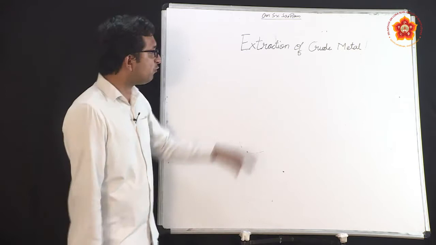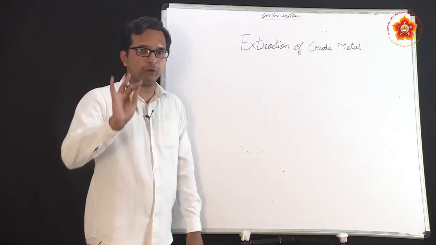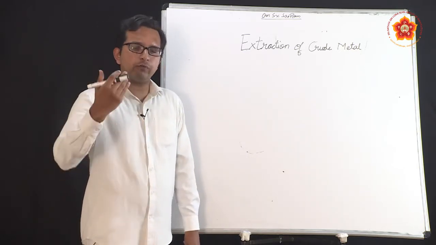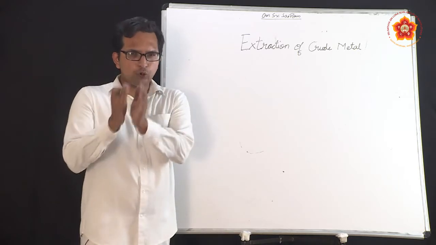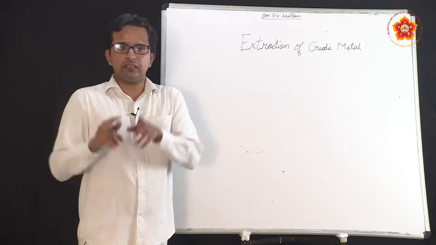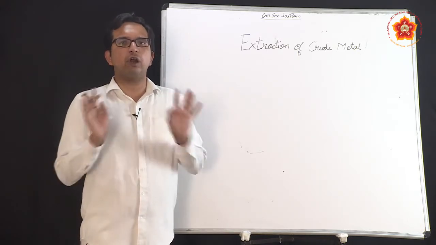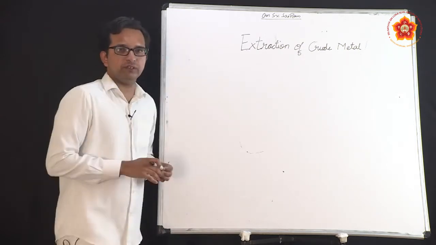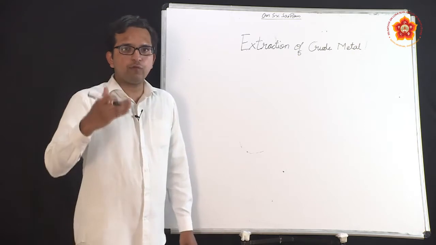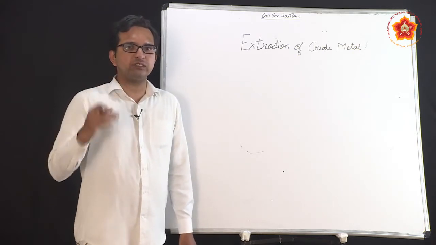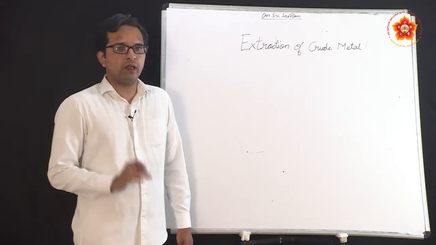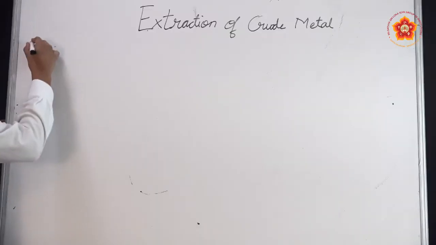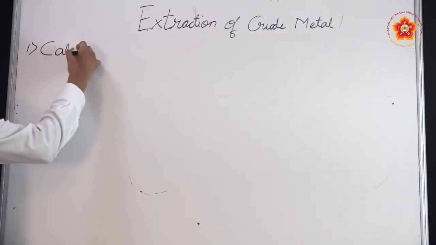So, extraction of a crude metal will not give you that purity, but at least it will give you a crude form of a metal where there will be no other components along with that metal. So, what is that aspect here? In this we will look at three different processes that we are going to employ. The first one I am going to call calcination.